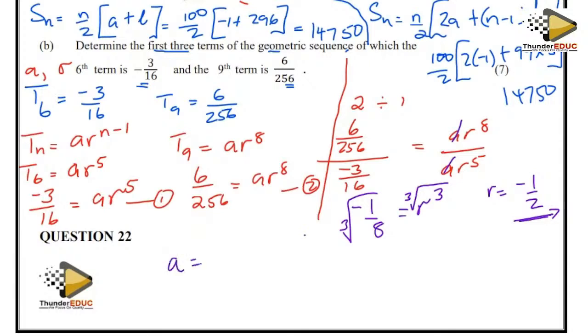My A is going to be negative 3 over 16 times 1 over r to the 5, because I'm dividing both sides by r to the 5. Then when I do the substitution, that will be negative 3 over 16.